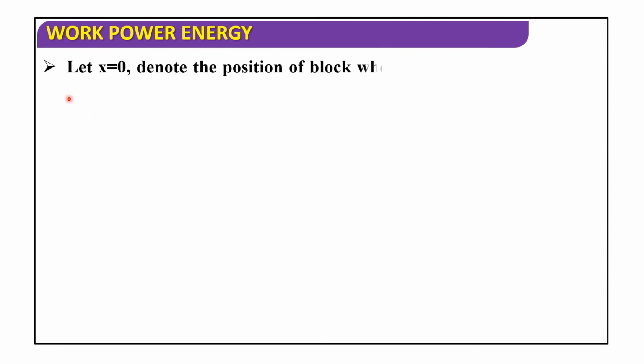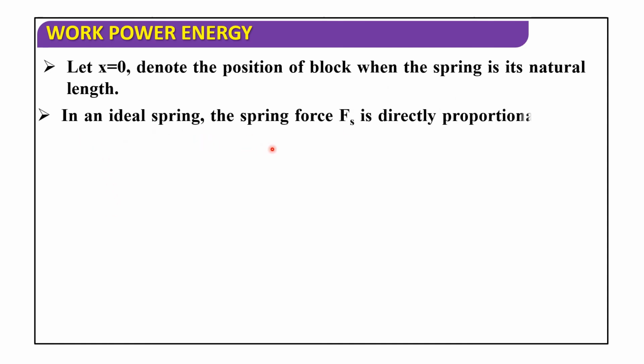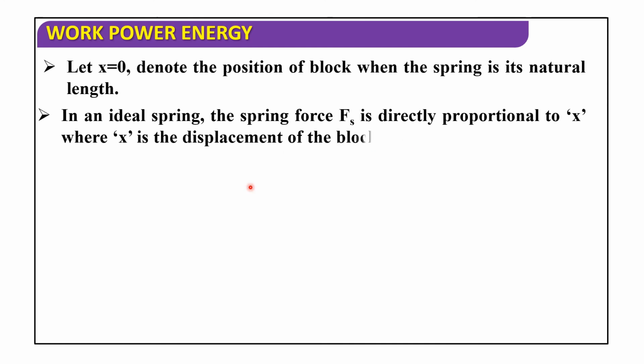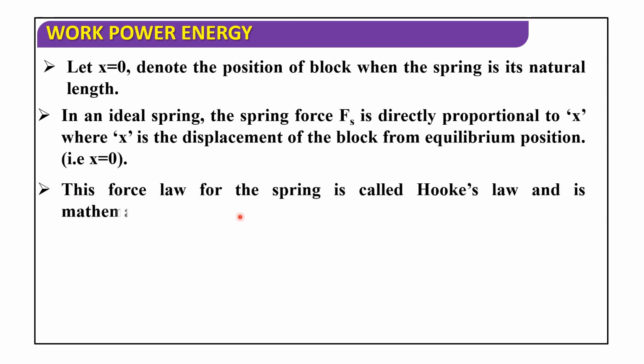Let x equals 0 denote the position of the block when the spring is at its natural length. In an ideal spring, the spring force Fs is directly proportional to x, where x is the displacement of the block from the equilibrium position. This force law for the spring is called Hooke's law and is mathematically expressed as Fs equals minus kx.